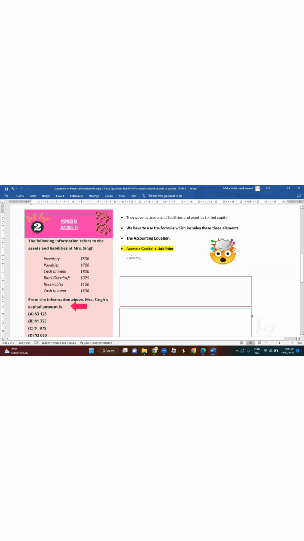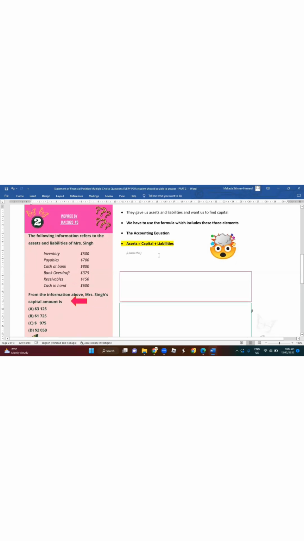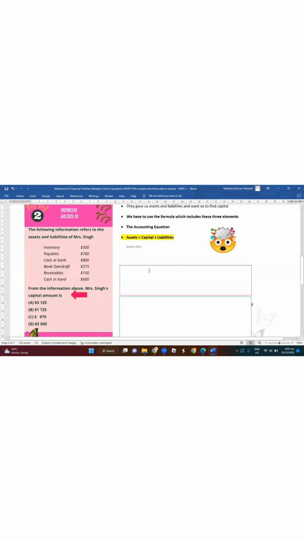And it says assets is equal to capital plus liabilities. Please learn this. You will not get the formulas in the exam, so they have to be in your brain and you have to be able to recall them quickly. All right, so this is one for your formula book that I mentioned last video. Learn it.